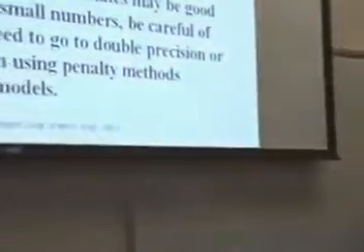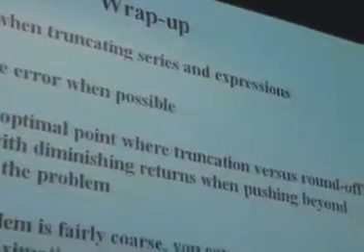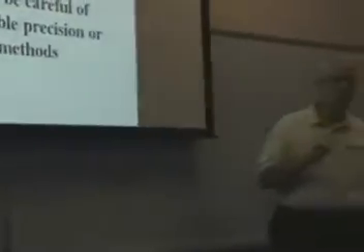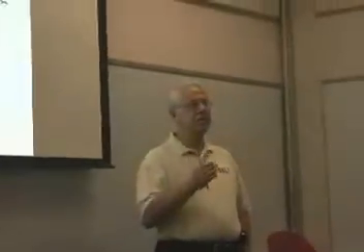All right, now, you want to be careful when you're truncating series and expressions, all right? In the Taylor series, the rule of thumb is that you generally go out to a second order. Second order is the second derivative. If you're going into something like a central difference, if you truncate off at the second order term, what would happen?